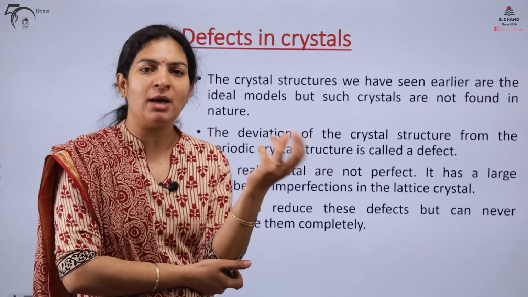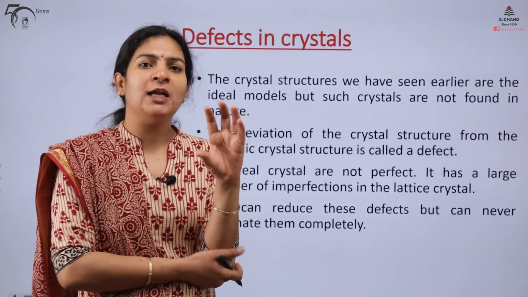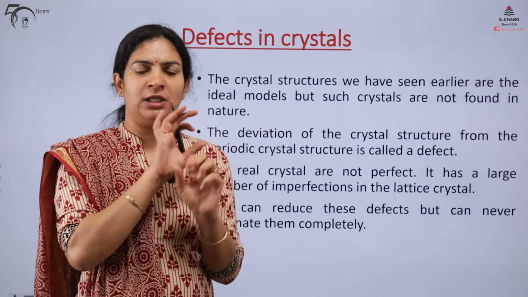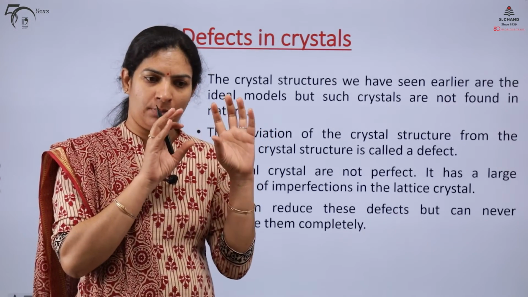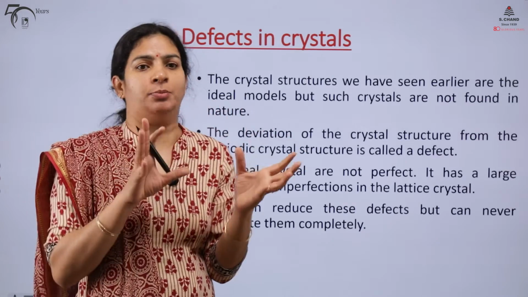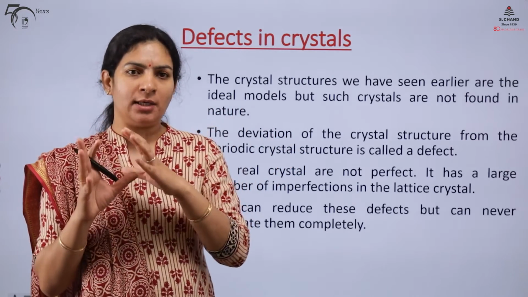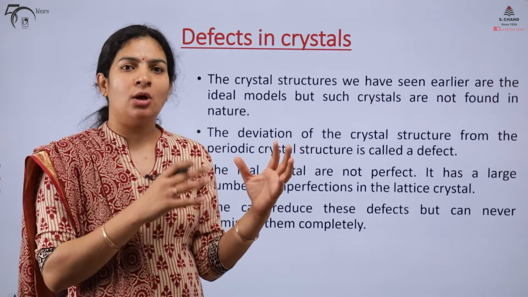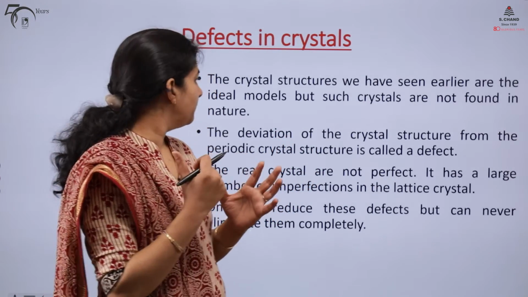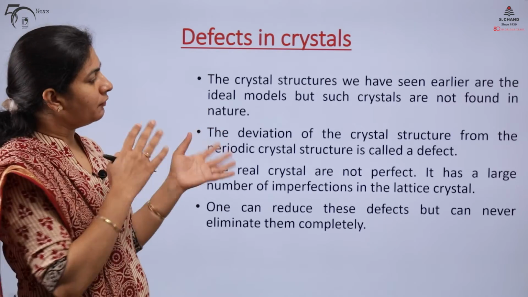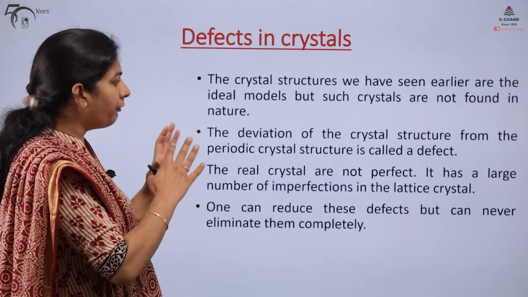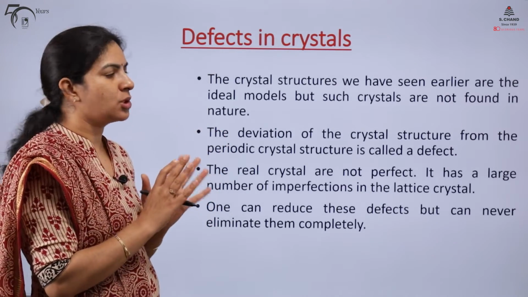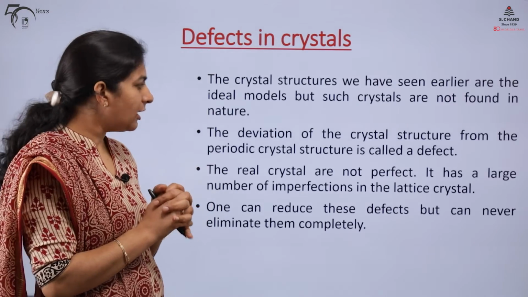Now what do we mean by crystal defects? If the arrangement of the particles is disturbed from the ideal arrangement that we have seen in earlier slides, it is called a defect in the crystal. So the deviation of the crystal structure from the periodic crystal structure is called a defect.